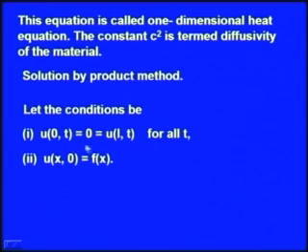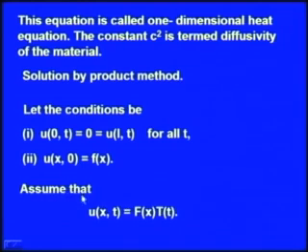So, the ends of the bar are kept at 0 temperature throughout, and the initial condition is assumed as u(x, 0) equal to f(x), that is, the bar initially is at a temperature given by the function f(x). The initial temperature distribution function for the uniform bar is assumed to be f(x) here.